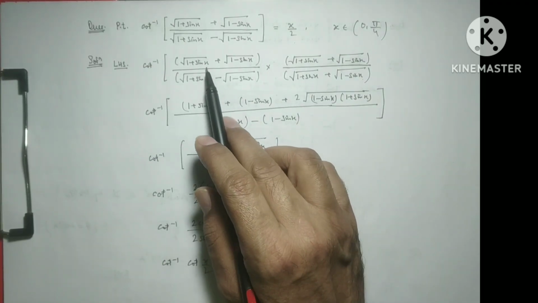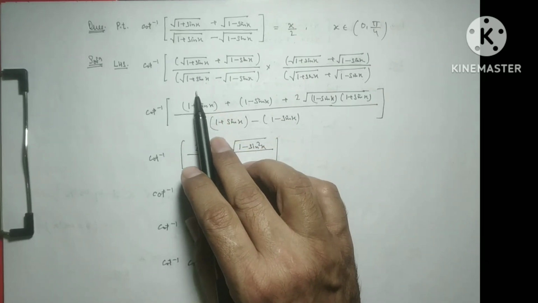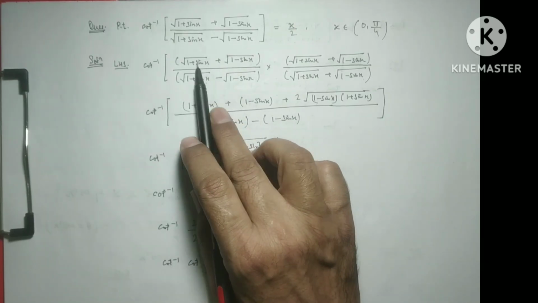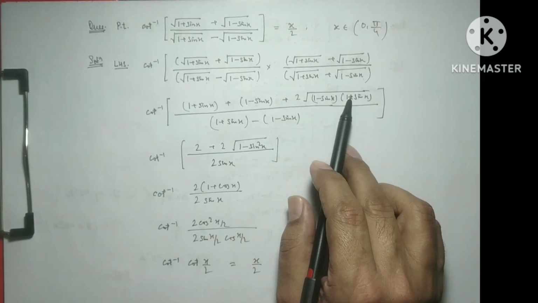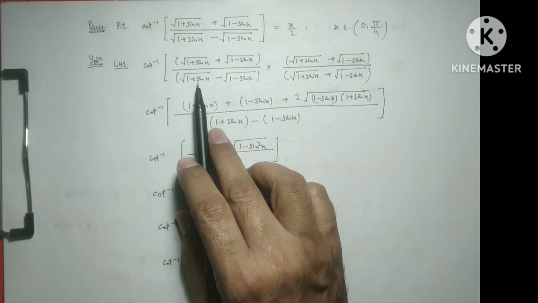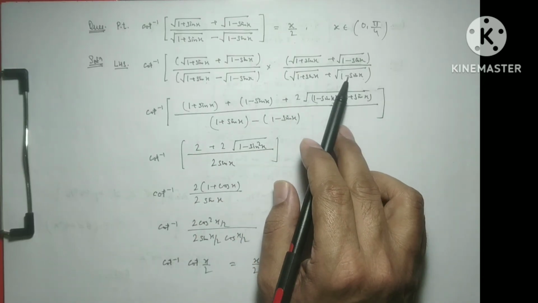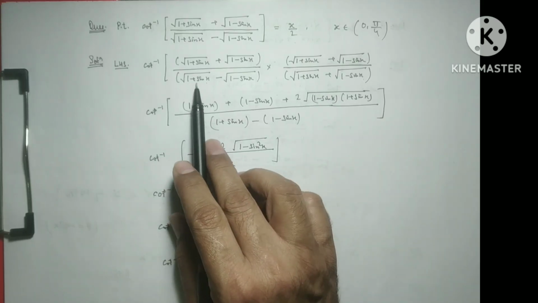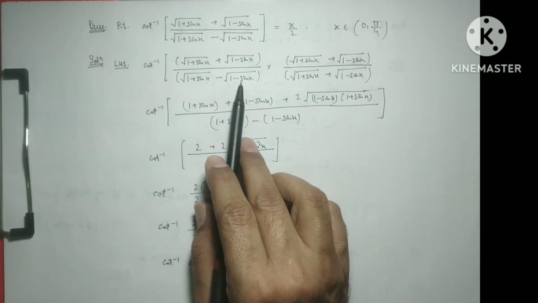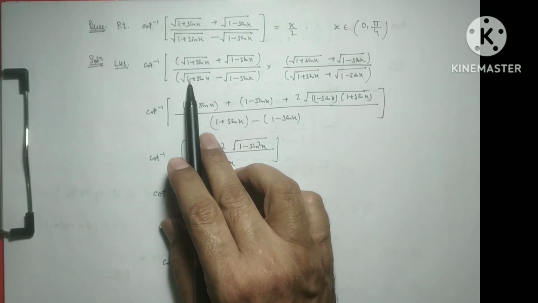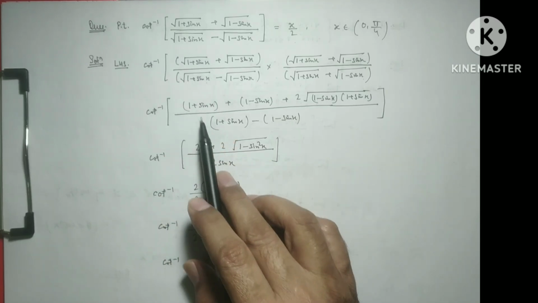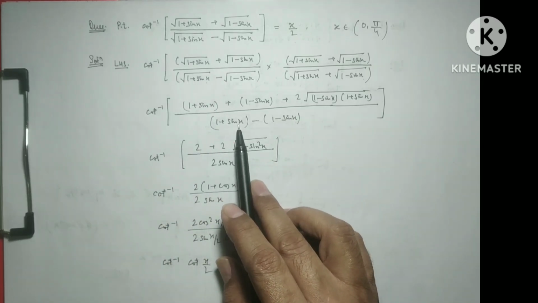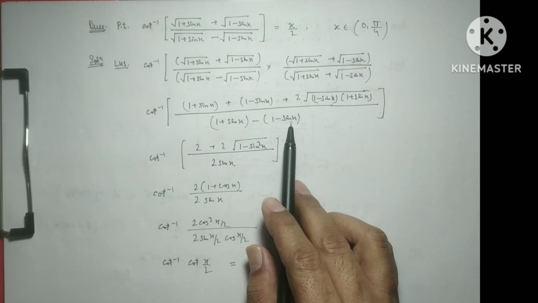So on expanding this whole square, we have a square, b square, and the product of these two. And in the denominator we have a minus b and a plus b, so it will be converted into a square minus b square. So it is this square minus this square. And on squaring, this under root will be cancelled out. We have 1 plus sin x minus 1 minus sin x.